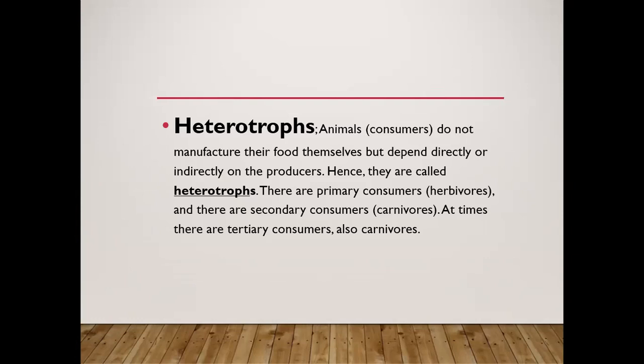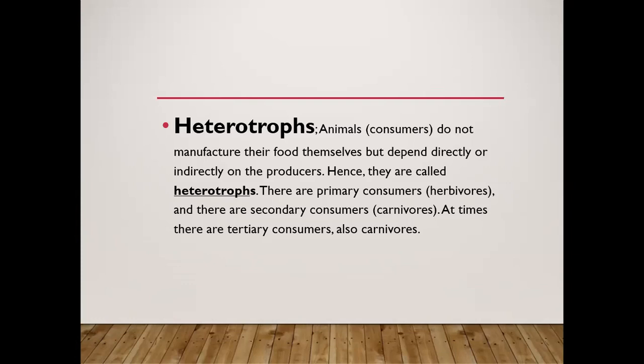I know what you will tell me is that autotrophs are mainly green plants, while heterotrophs are animals. And these animals, they are consumers. They do not manufacture their food themselves, but they depend directly or indirectly on the producers, like I have said. So they are called heterotrophs.